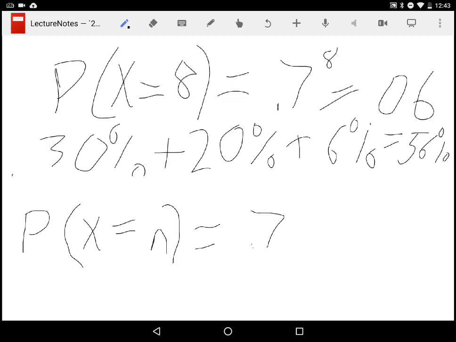Again, we listed that out before in terms of drawing it out, the lines, putting 0.7 for the number of them, n times he either makes it or misses. So if he misses, it's going to be 8 minus n, and then the number of arrangements, or 8 choose n.